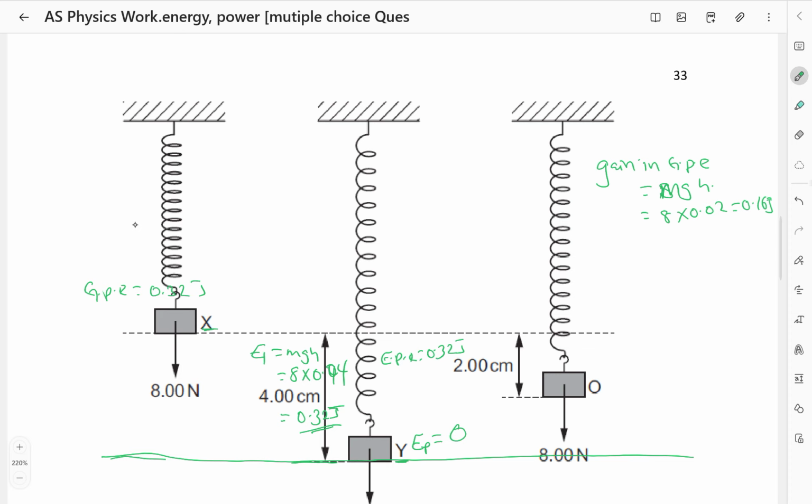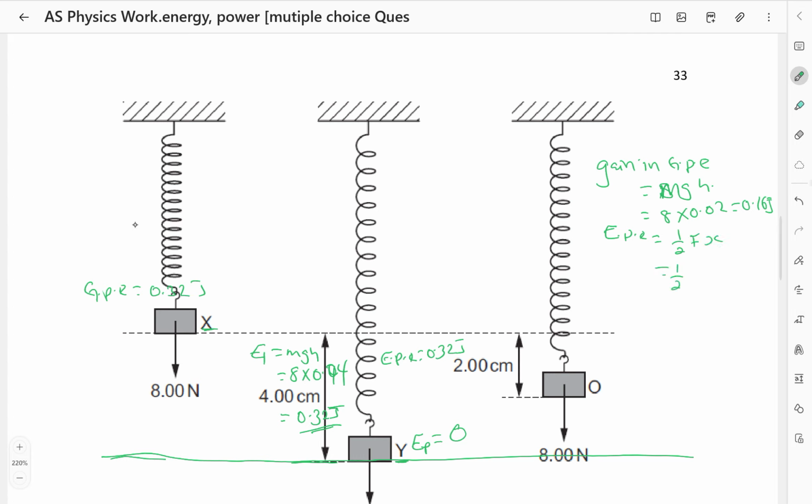The total loss in gravitational potential energy from X to Y was 0.32 joules, and we are seeing a gain in gravitational potential energy of 0.16. There is also some elastic potential energy here, which is half times F times x.